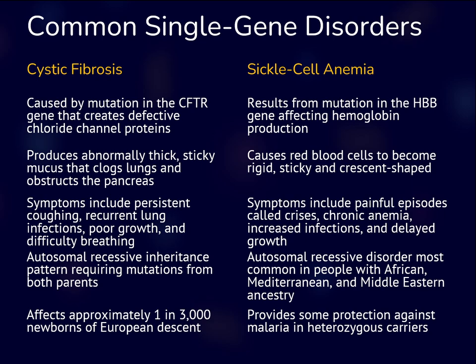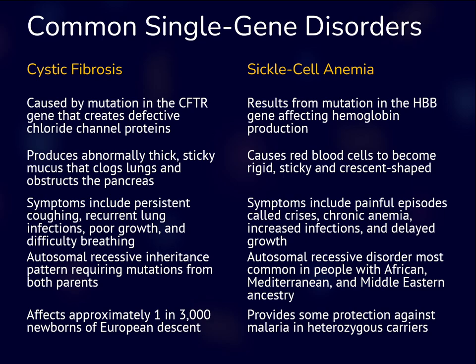Now let's look at specific single gene disorders. These are diseases caused by a mutation in just one gene. Even though it's a small change, the effects can be life-changing. For example, cystic fibrosis happens when a gene for a chloride channel protein is defective.